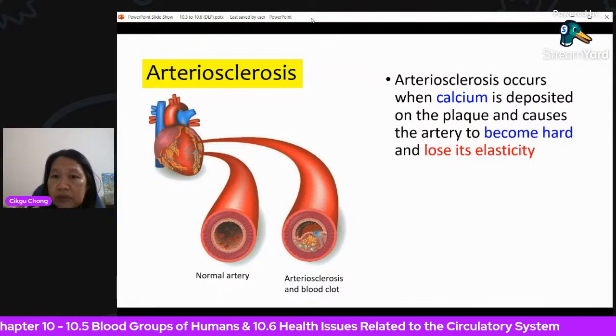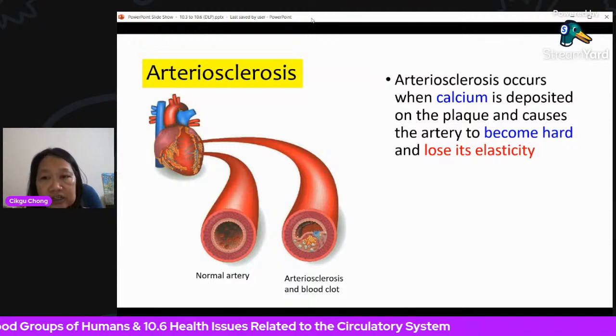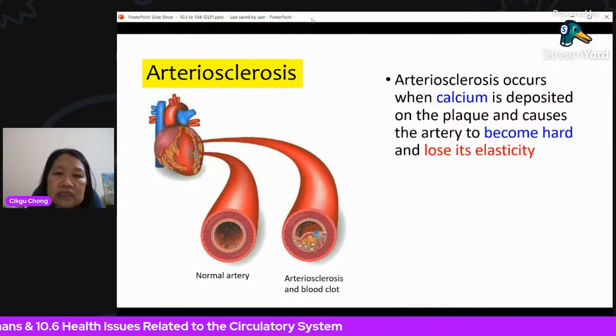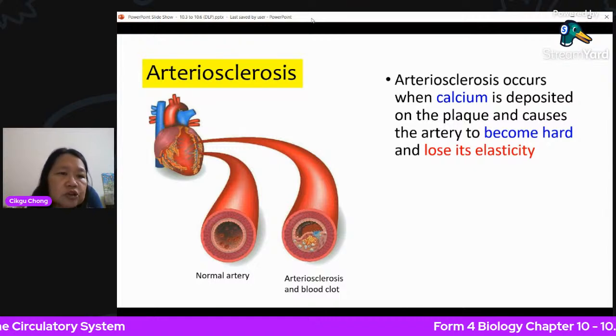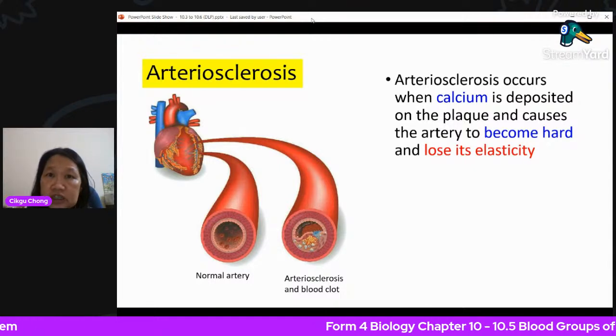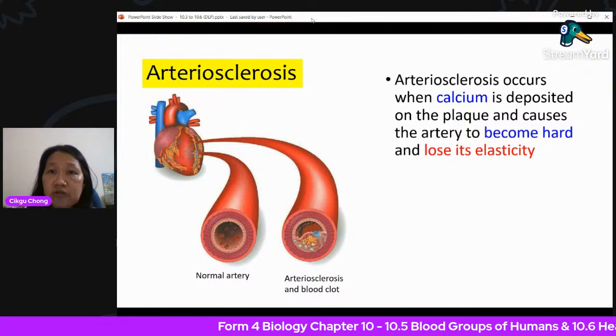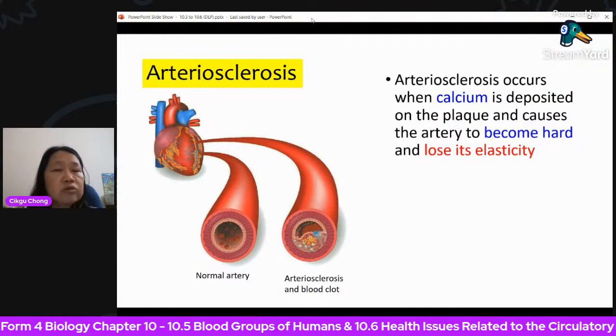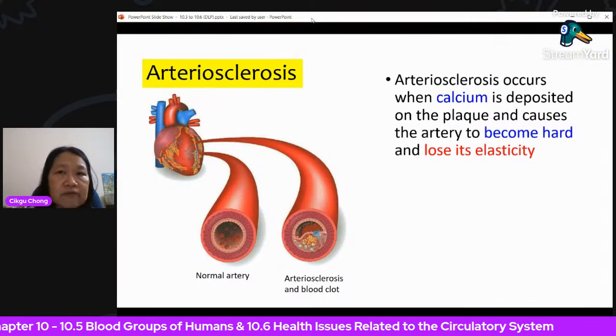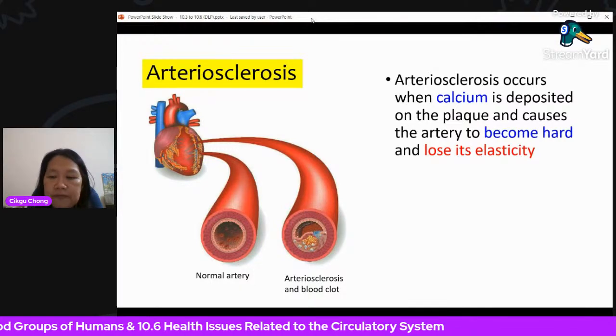Calcium is there on the plaque. It makes the artery become hardened and lose its elasticity. That means it's not elastic anymore. It is not able to resist pressure. So if the pressure is extremely great, if it's a very fine capillary, it will break, it will rupture. It ruptures and the blood flows out, then you have a blood clot.